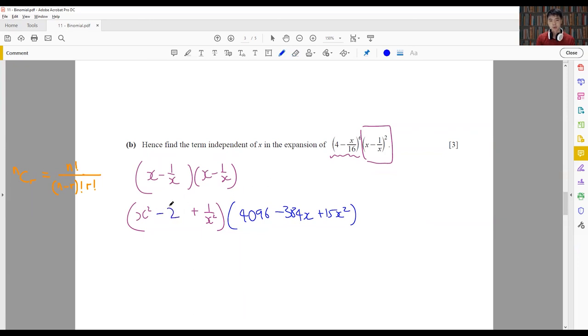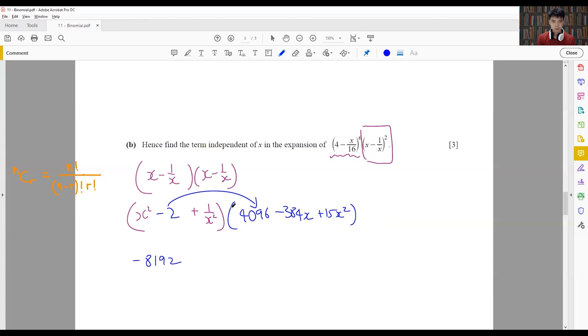Independent of x, what you have to do is, if I use this, multiply with anyone here, they will either be x squared, x cubed, and x to the power of 4. So I don't even bother expanding that. Okay. This times this will have a value independent of x. So this will just be negative 8192, right?